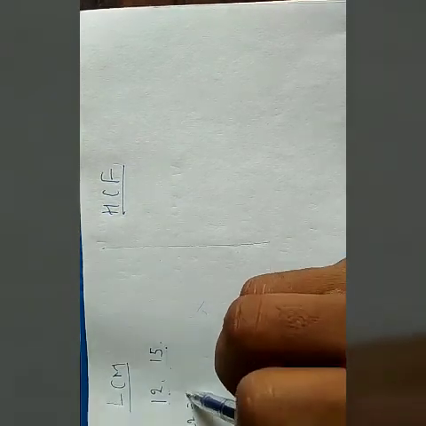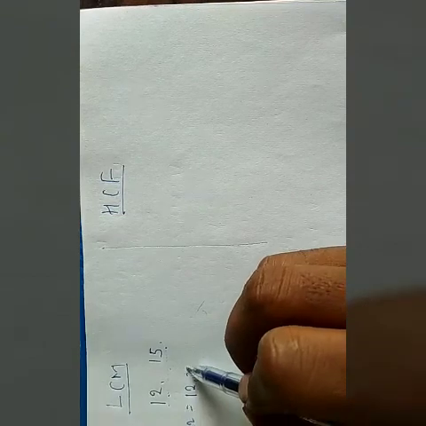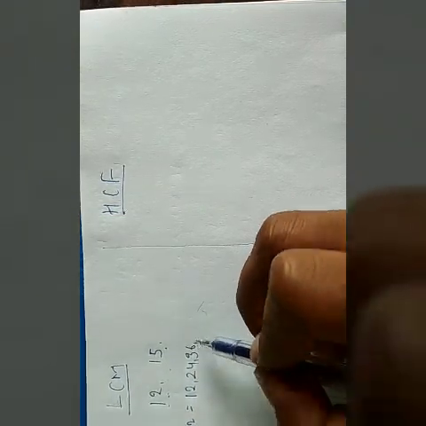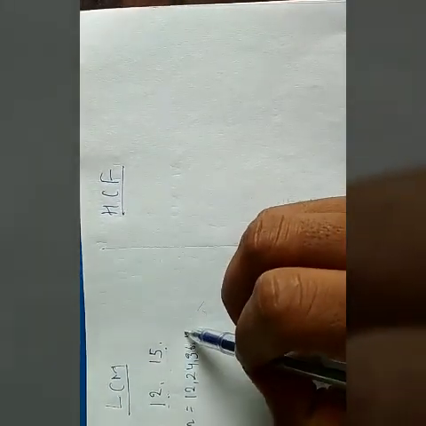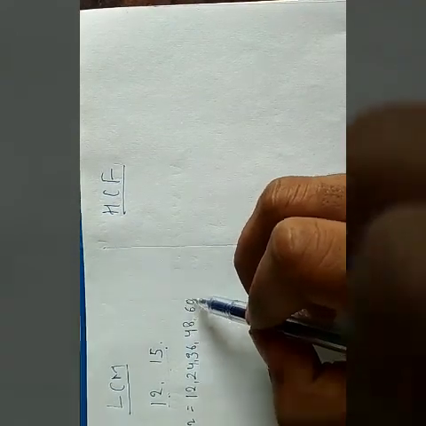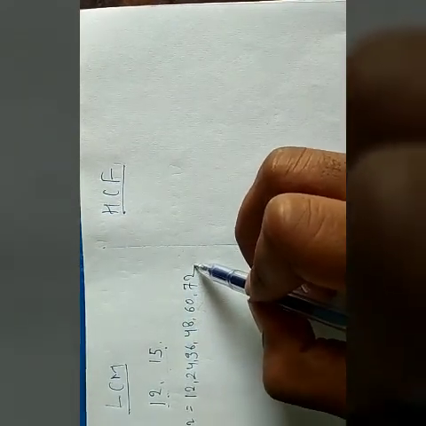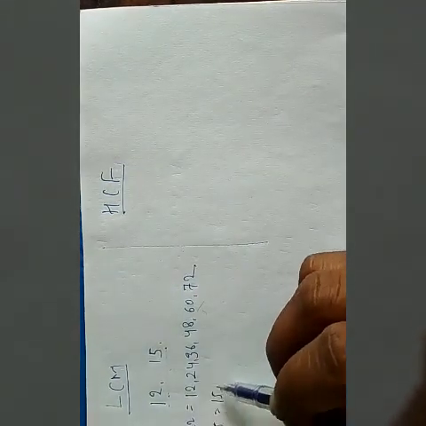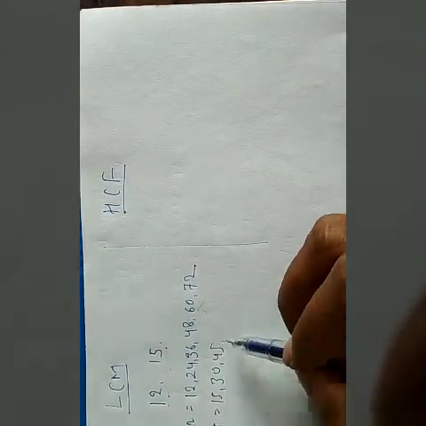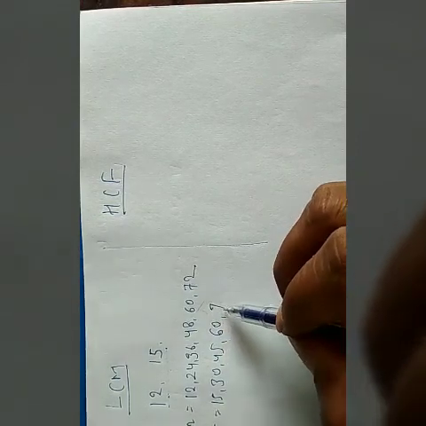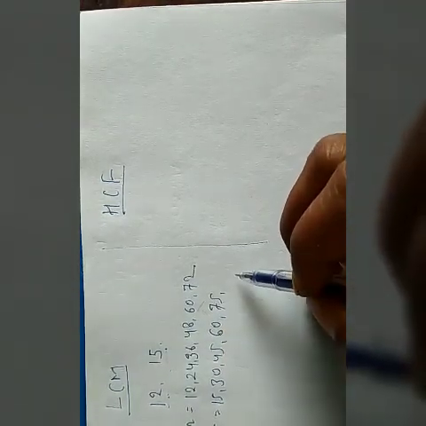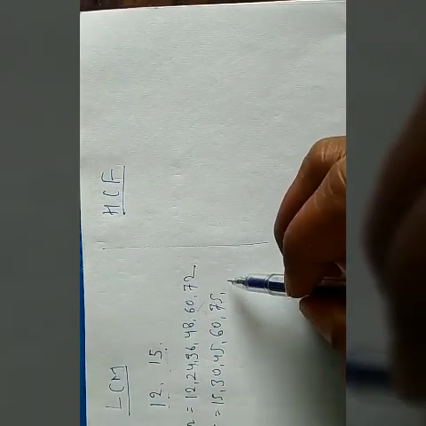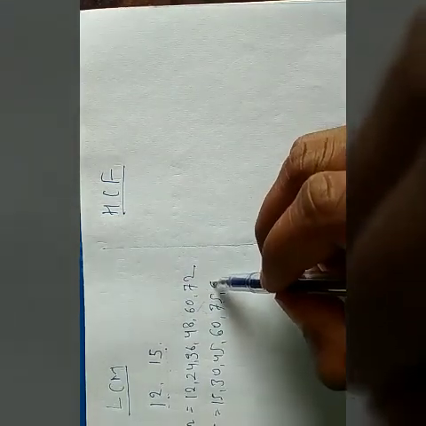Multiples of 12 are 12, 24, 36, 48, 60, 72, and multiples of 15 are 15, 30, 45, 60, 75 and 90.